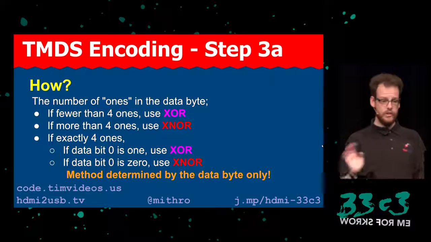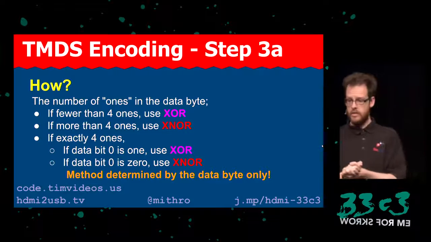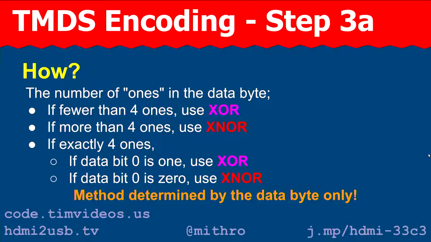Then how do we choose which one of these to use? If the input data byte has fewer than 4 ones, we use the XOR. If it has more than 4 ones, we use the XNOR. And then there's a tiebreaker if you have an even split. The important thing here is that this method is determined by the data byte only. There's no hidden state here or continuous change. Every pixel has a 1-to-1 mapping to an encoding.